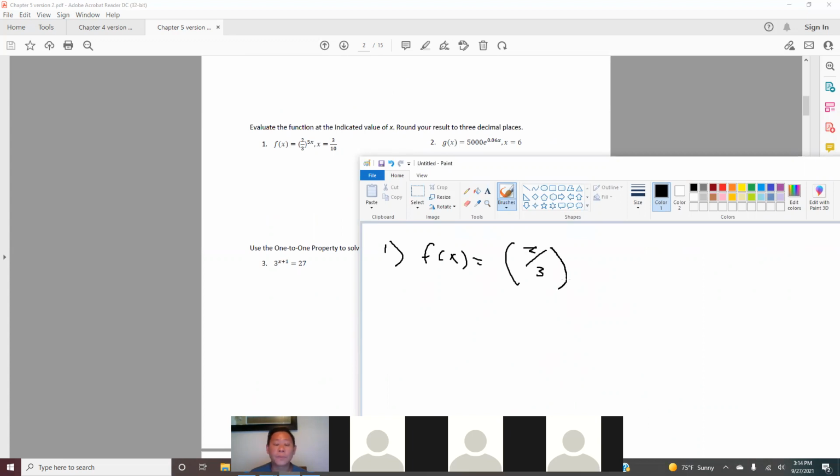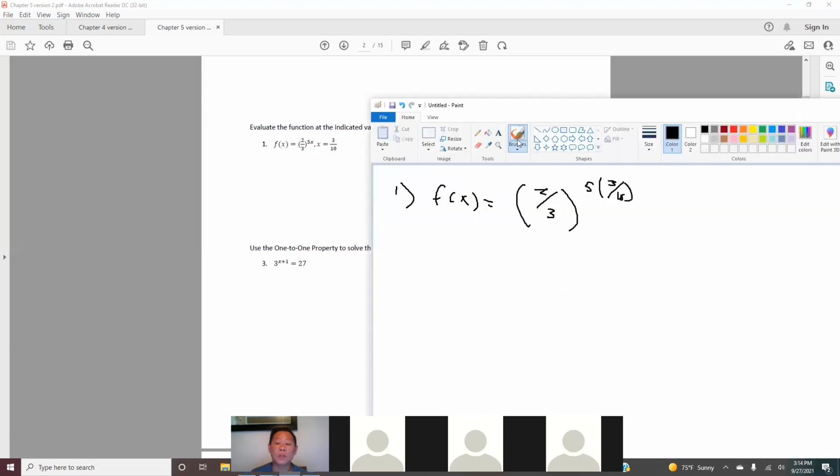f(x) = (2/3)^(5x). x in this case is 3/10. Now, in order for you to use your calculator, make sure you follow what is given to us. In your calculator, make sure you have a parenthesis, 2 divided by 3, close the parenthesis. The power symbol, mostly your calculator will have this upside down V. That is the power button.